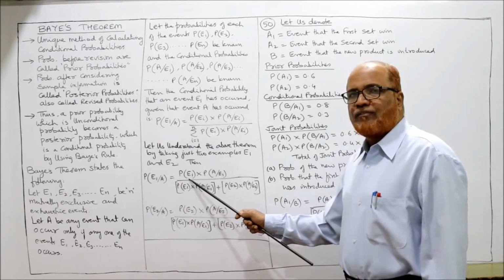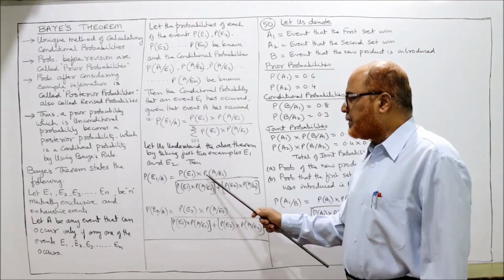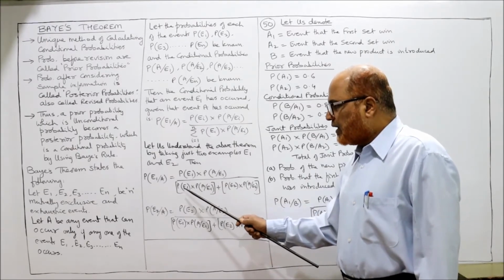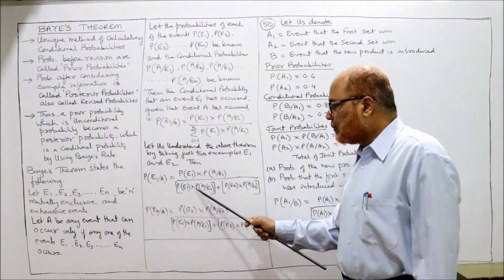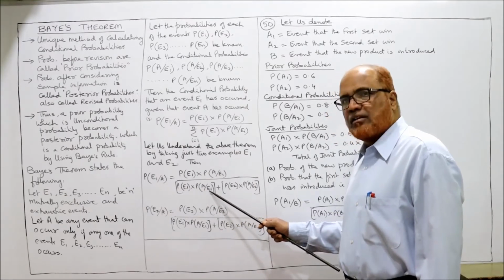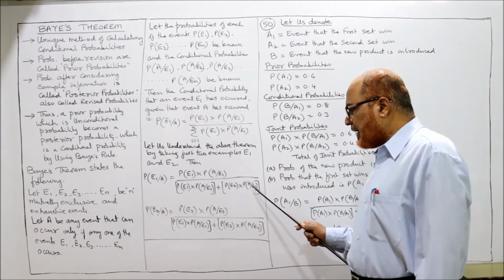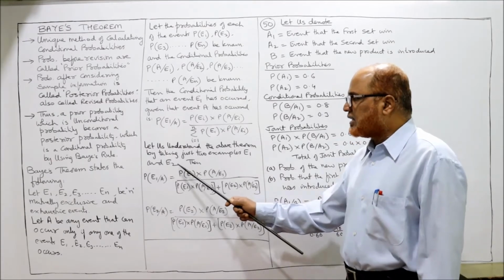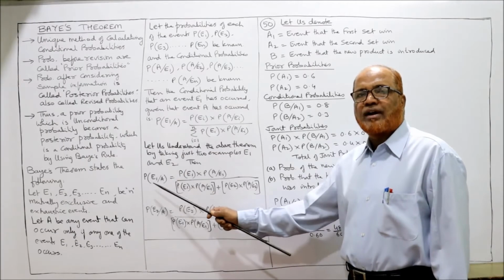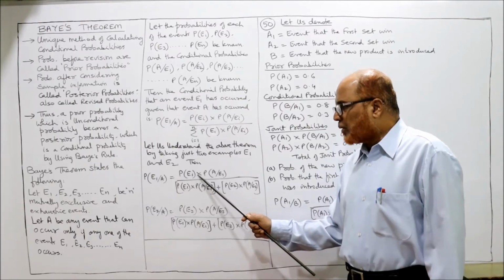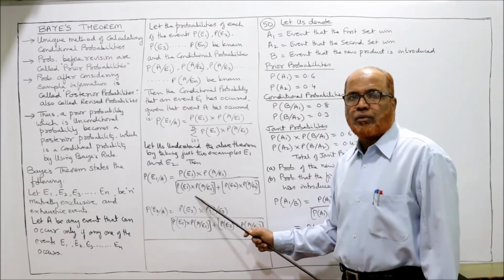So multiply P of E1 into P of A given E1, divided by probability of E1 into P of A given E1 plus probability of E2 into P of A given E2. So two events are there, E1 and E2, and we want to find the probability of E1 given A: the joint probability divided by the total of the joint probabilities.